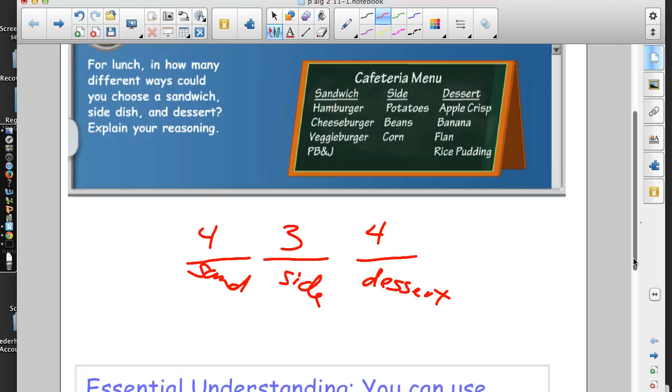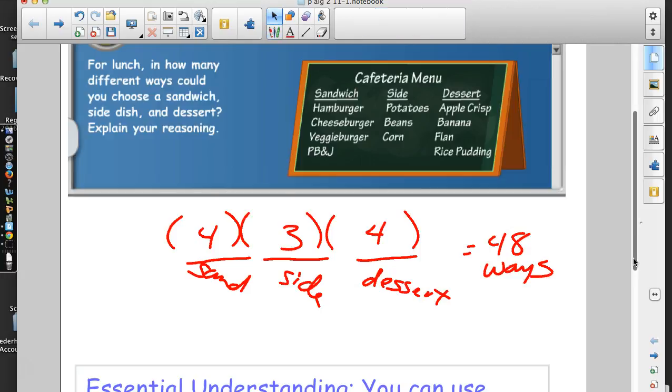And in probability, whenever you want this and this and this to all happen at the same time, you multiply those together. 4 times 3 is 12. 12 times 4 is 48. So there would be 48 different choices.